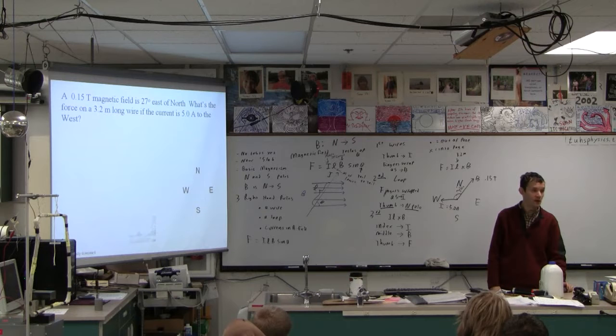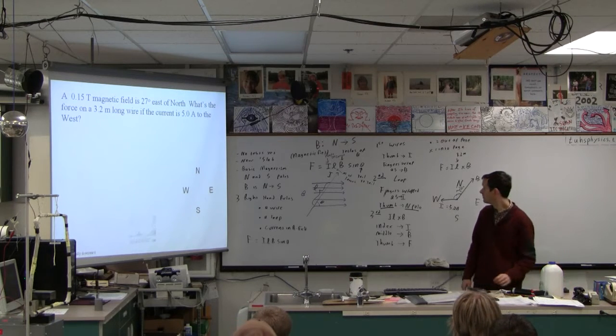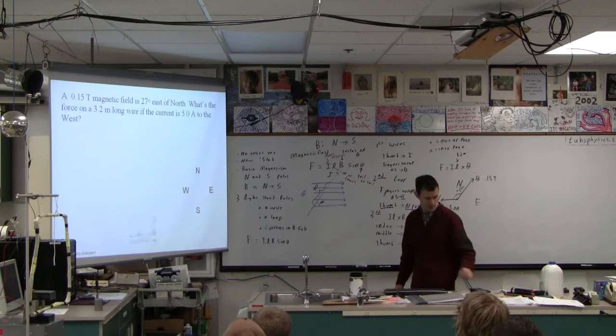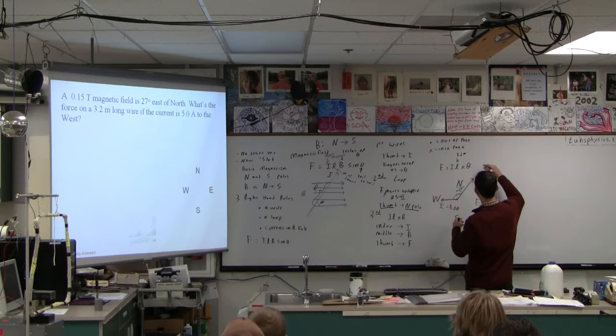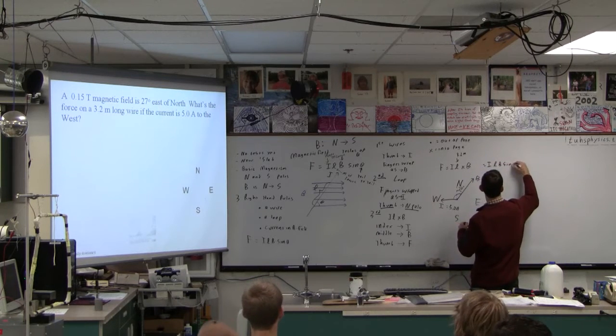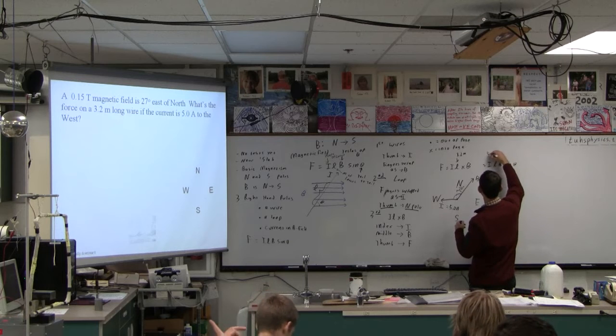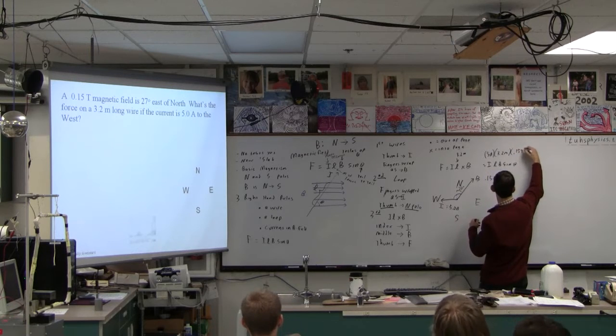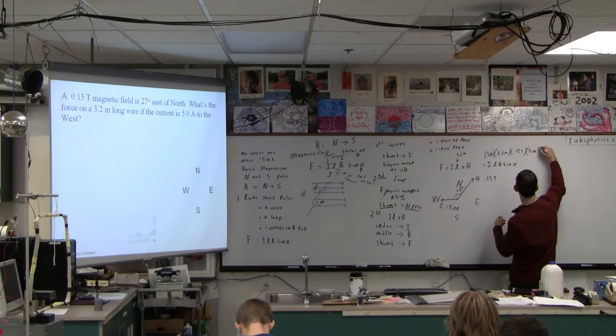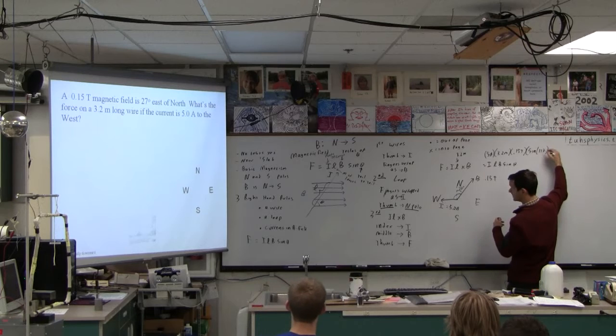Is everybody done? Are we plugging in numbers? So this one's going to be I L B sine theta, right? So it's going to be 5 amps times 3.2 meters times 0.15 Teslas times sine of 117. Was it 117?